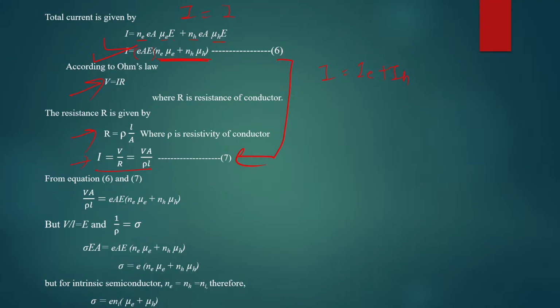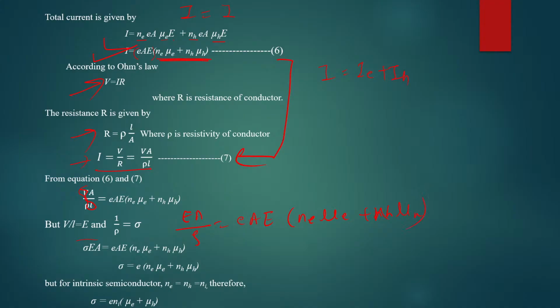Then whenever equating, you see that V by L is again E. Again put it as E. Then whatever the remaining terms, eA upon rho is equal to eAE (NE mu E plus NH mu H).